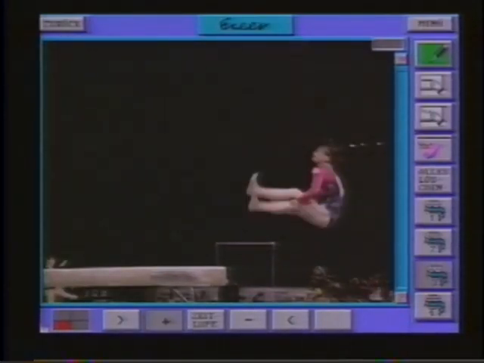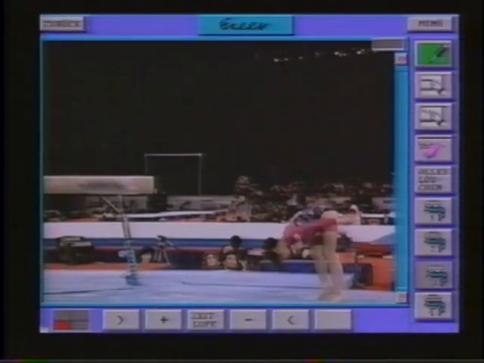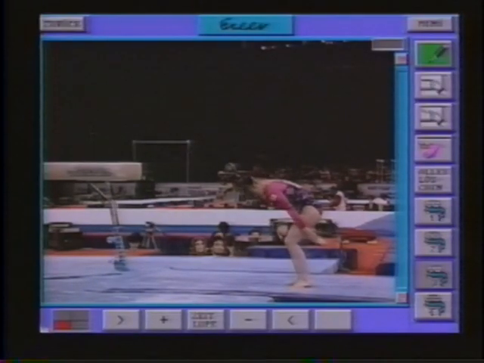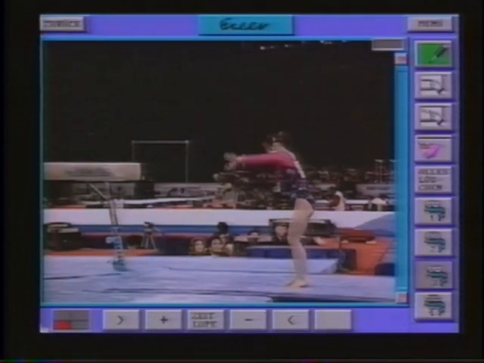Deep landing with small hop, minus 0.1. E remains E, bonus points for extra E, in total deduction minus 0.15.